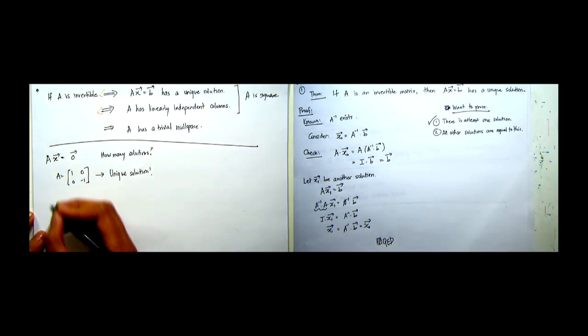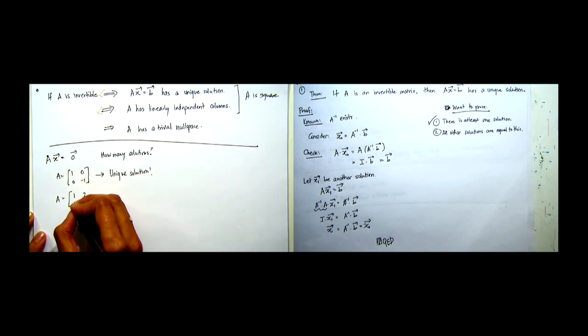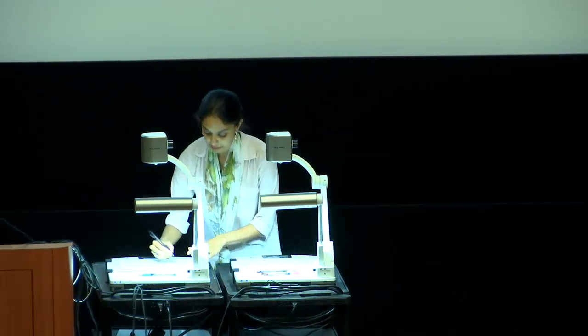Great. What if A is equal to 1, 2, 0, 0? How many solutions does this equation have? Infinitely many. So what is one solution?